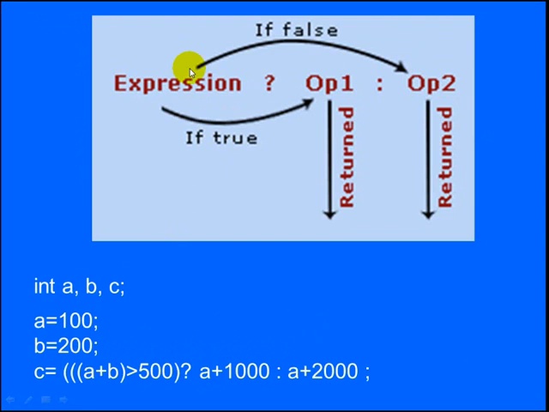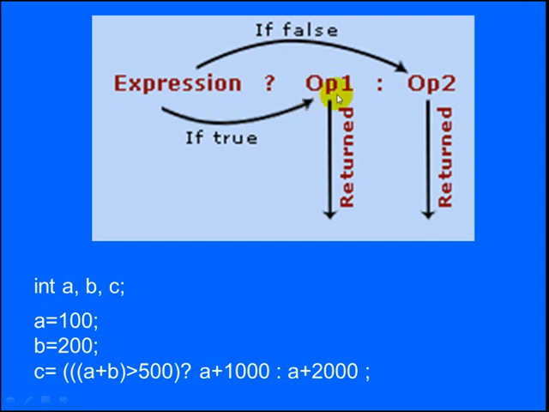This is a pictorial presentation. We have a conditional expression here, a logical expression we can say. This logical expression will evaluate to true or false. If it is true, then the first option we have put here will be returned. It will be an expression basically.